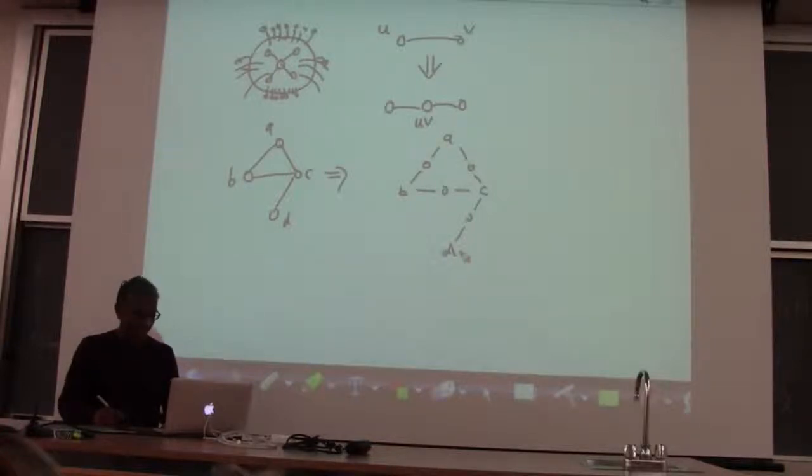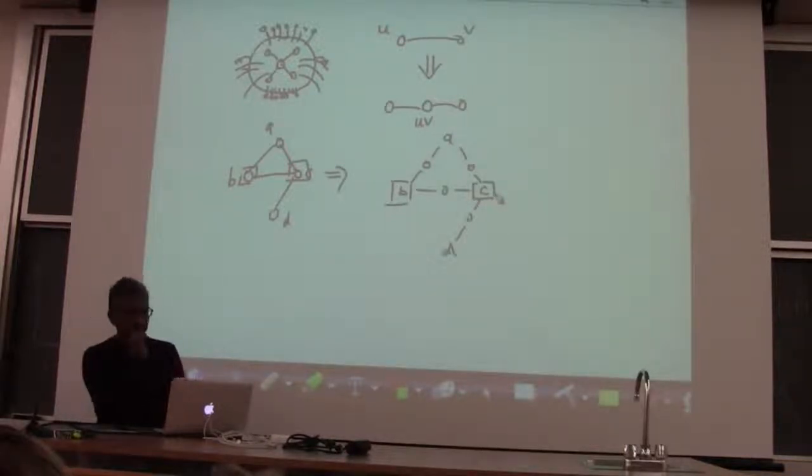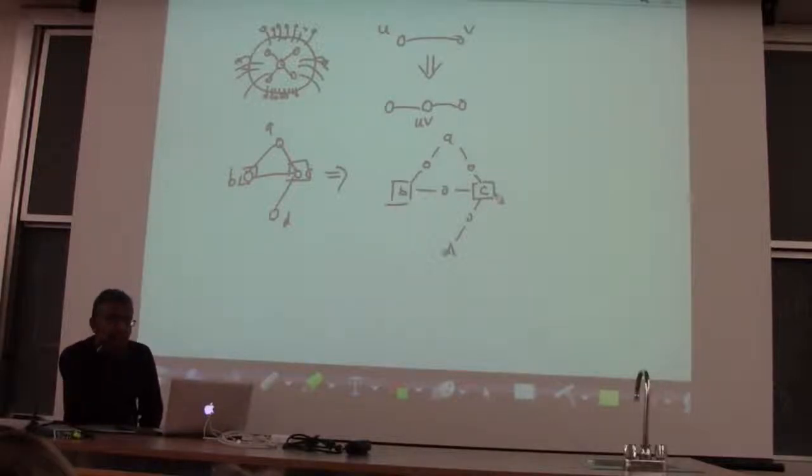I pick C and B. That's a vertex cover, and it's minimal. And I can do the same thing here. Wait, that's not a dominating set.